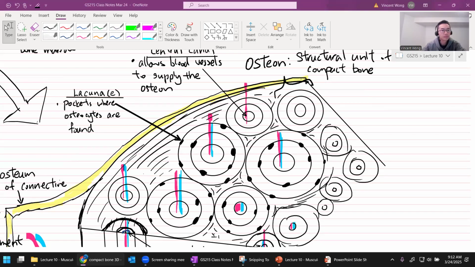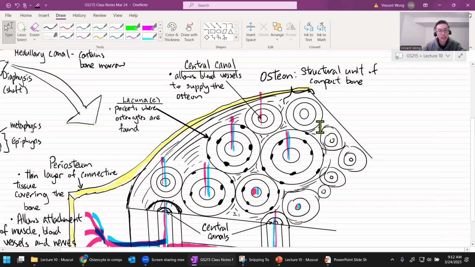So I have a question. Sure. I don't know if you recall it, but what is the circle? The first circle that we did. Yeah, we say that is an osteon.